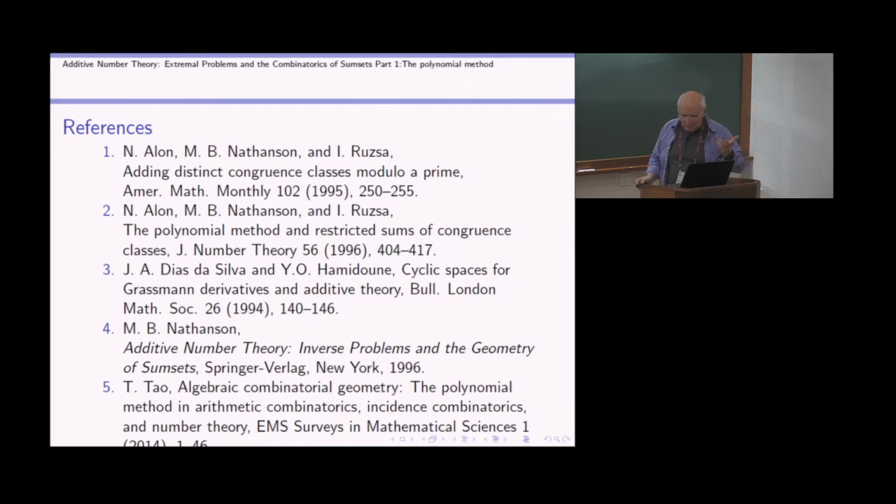Now, there seems to be a belief that this polynomial method really originated in number theory in these two papers, and in graph theory in an earlier paper, a couple of years earlier, by Noga Alon and Tarsi. But of course, people have been using polynomials to prove things in number theory and everywhere else for 100 years or more. There's a very nice survey paper by Terry Tao in the European Math Society surveys on this polynomial method.